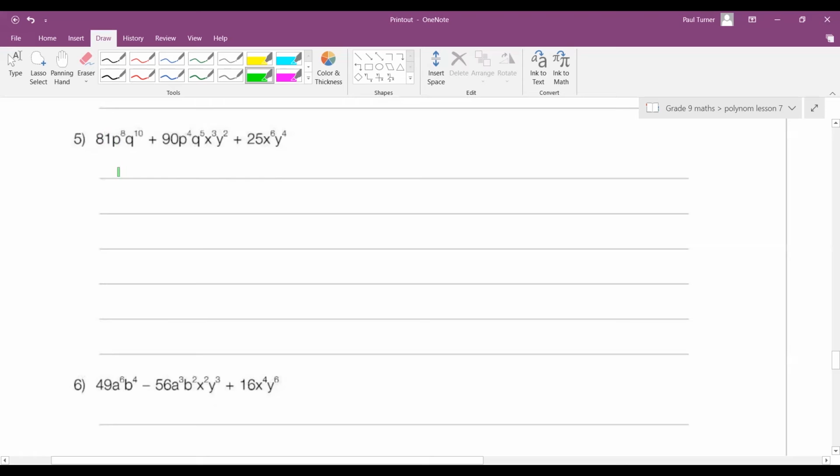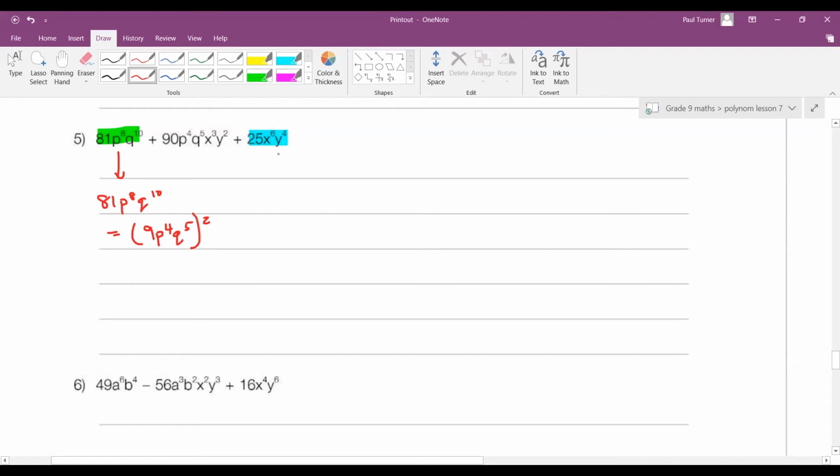Okay, if you know what you're doing, just keep working and I'll do these for those who are having a problem. So we have the first 2 things to do. We've got to make these a power of 2. So 81p8q10 can be written as 9p4q5 squared.